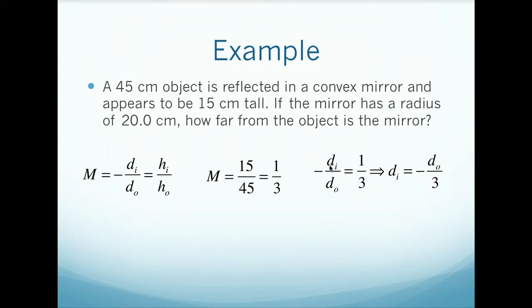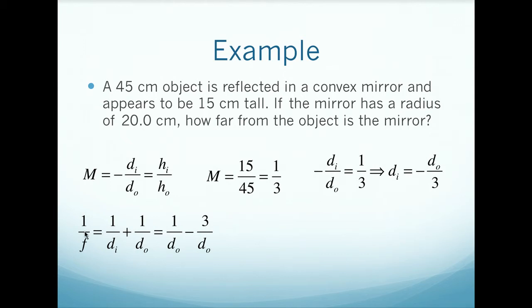From there, your di is going to be negative do over 3. So therefore, now I'm going to take the same formula, 1 over f equals 1 over di plus 1 over do. Instead of di, I'm plugging in negative 3 over do, which gives you negative 2 over do.